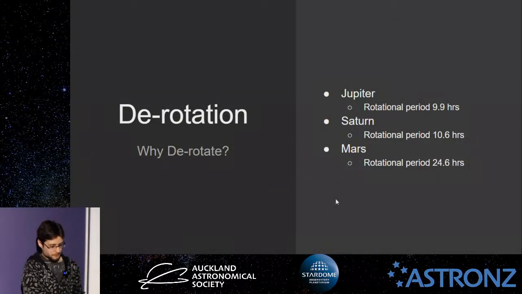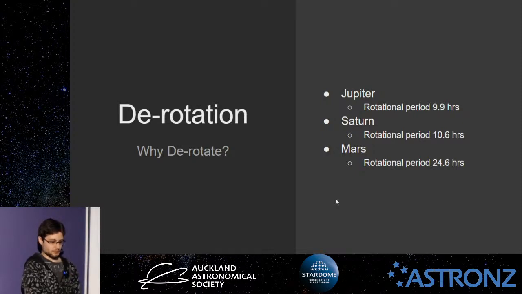So the main reason us as photographers use WinJUPOS is for the derotation. So why do we derotate? It's because our targets are moving, and if we take exposures that are too long, we get smearing of the image and it blurs.